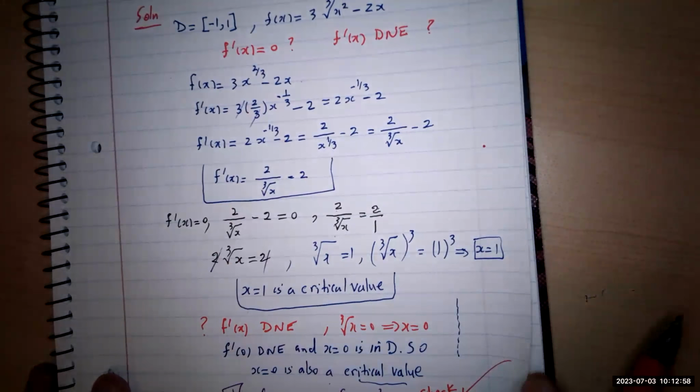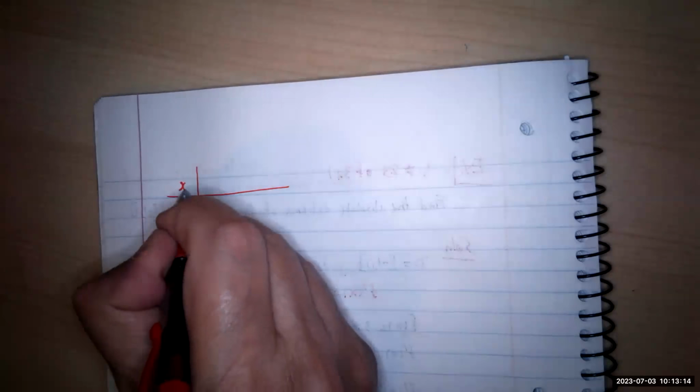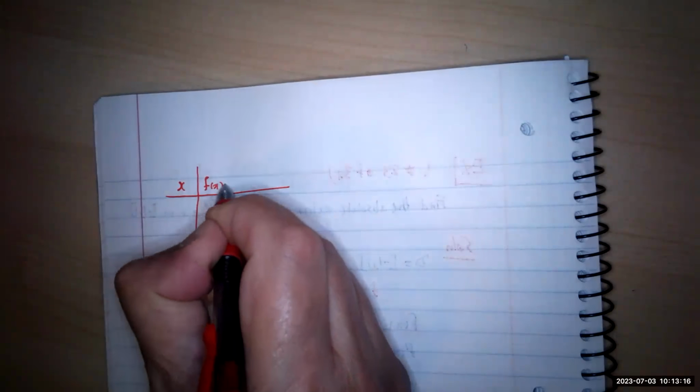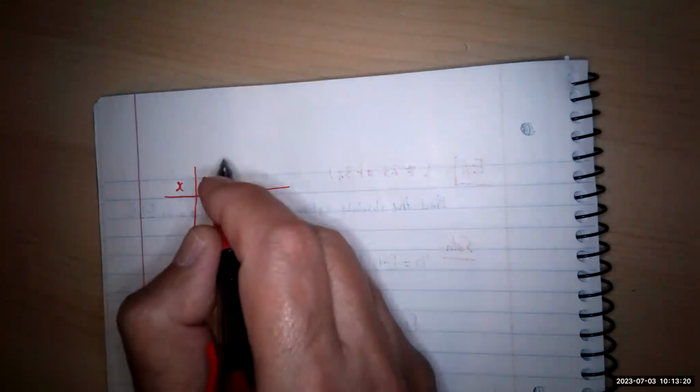Okay, so we go to the chart and compare the values together. You need that chart to be able to take care of it. This is going to be your chart. Your chart has x here, and f of x is going to be your function. You better write it down in that format.